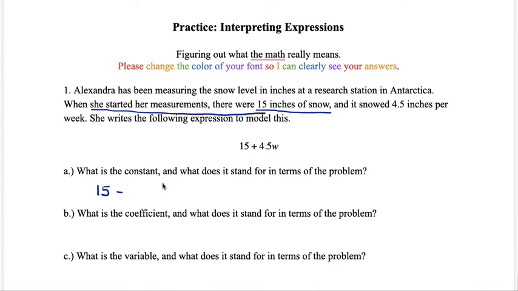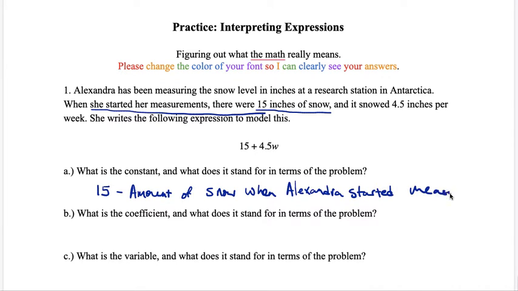So it's the amount of snow when Alexandra started measuring. You could say this in a variety of different ways, an amount of snow at the beginning, anything like that. You can interpret it your way so long as you're sticking within the context.